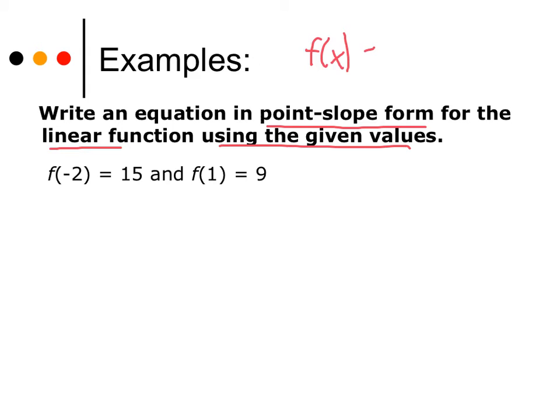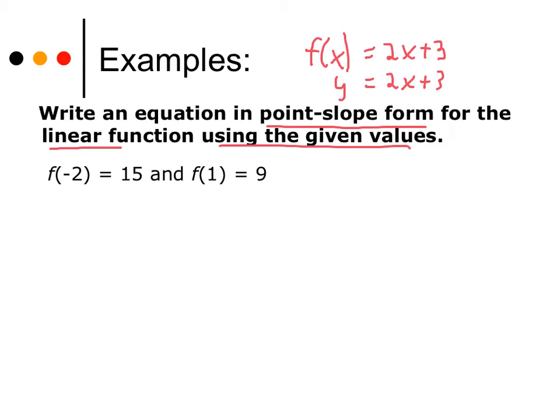So if I give you f of x is 2x plus 3, that's the same thing as y equals 2x plus 3. So the x goes inside the parentheses there. That's where the x lives. Okay? So what they've given you here is f of negative 2 equals 15. So write that down. And then they've given you f of 1 equals 9.